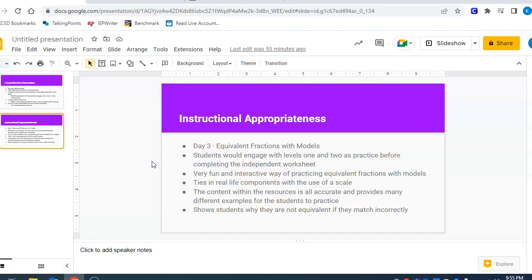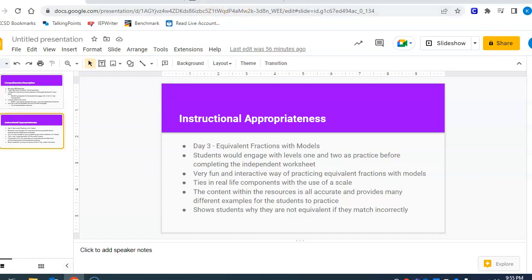And this practice would be done before they complete the independent worksheet. And this resource is very fun, and it's an interactive way of practicing equivalent fractions with models. Like I said before, it makes learning the content more enjoyable for the students, which really motivates them to want to do it and put their best effort in.